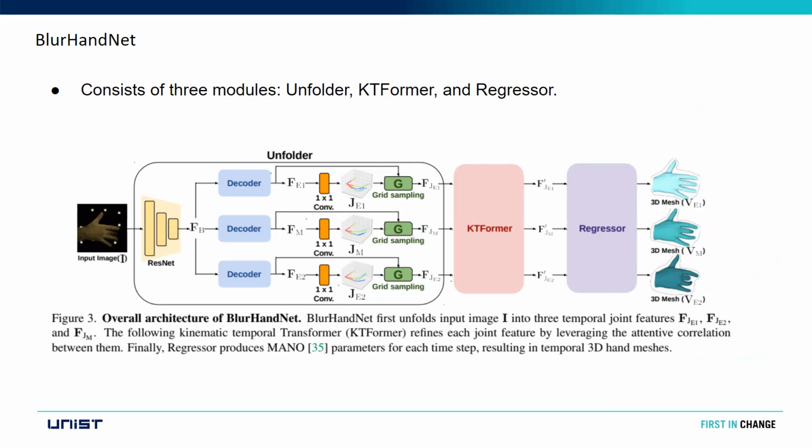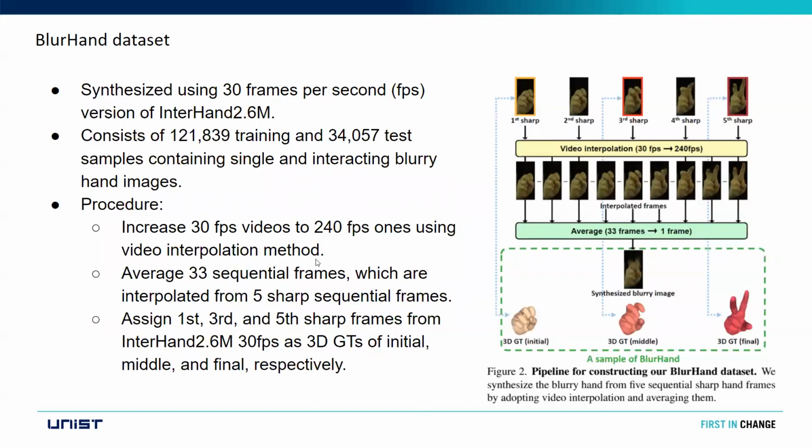But they are using several ground truths. Yes, they use initial ground truths, middle ground truths and the final ground truths. But what is the image in the middle of this? They say that after interpolating to 240 FPS, they get 33 frames out of this.